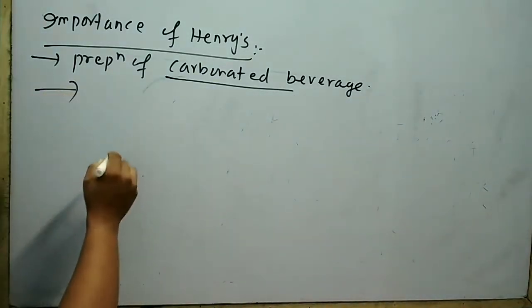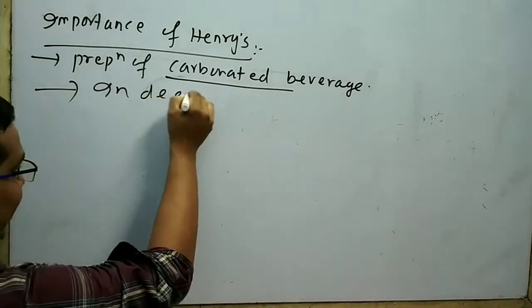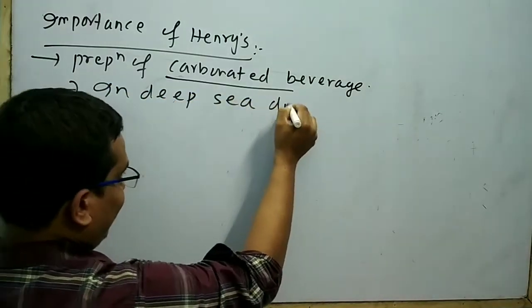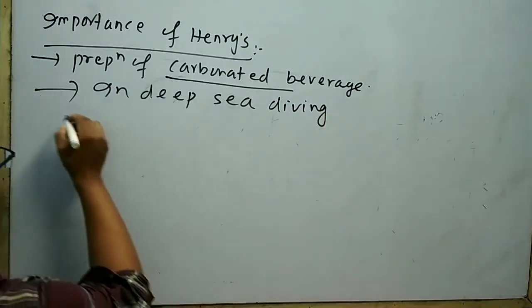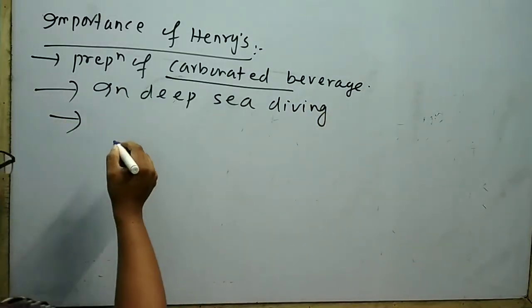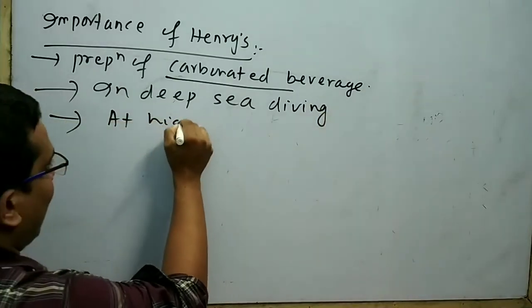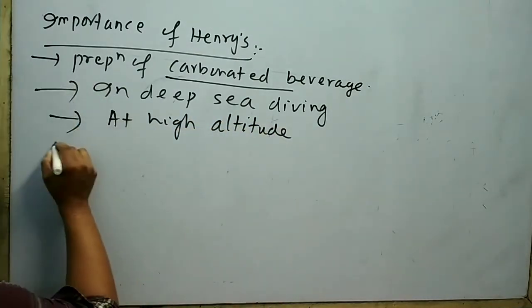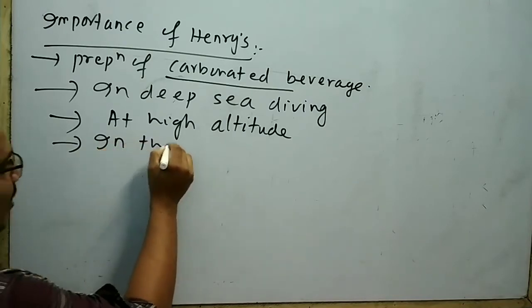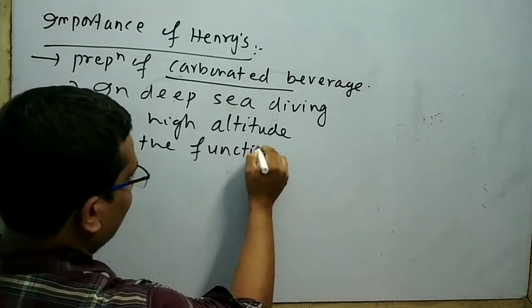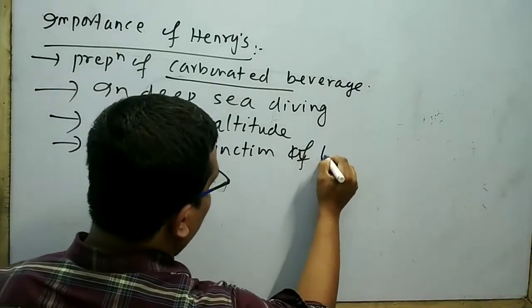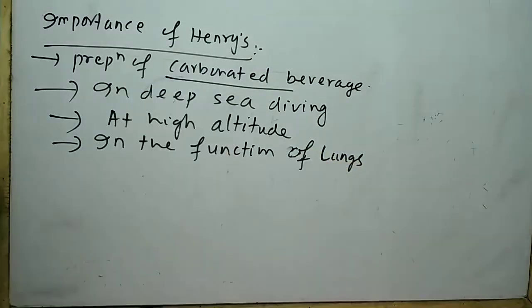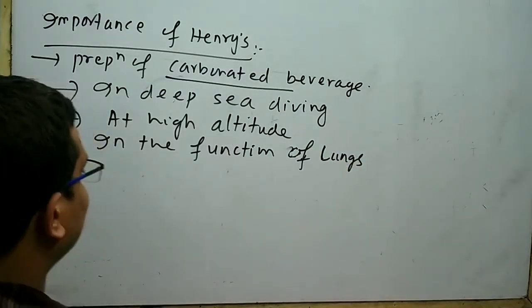Next application is in deep sea diving. Henry's law is also applicable at high altitude. It is also applicable in the function of lungs. These are the importance of Henry's law.